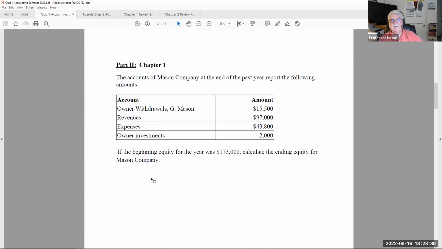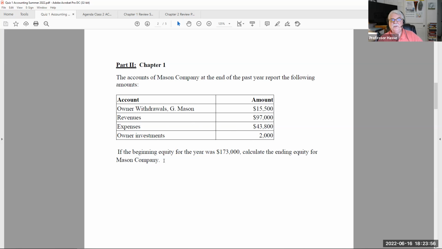Part 2. Here's a company called Mason Company. At the end of the past year, they reported the following amounts in their accounts: owner withdrawals, revenues, expenses, and owner investments. These are all in dollars.